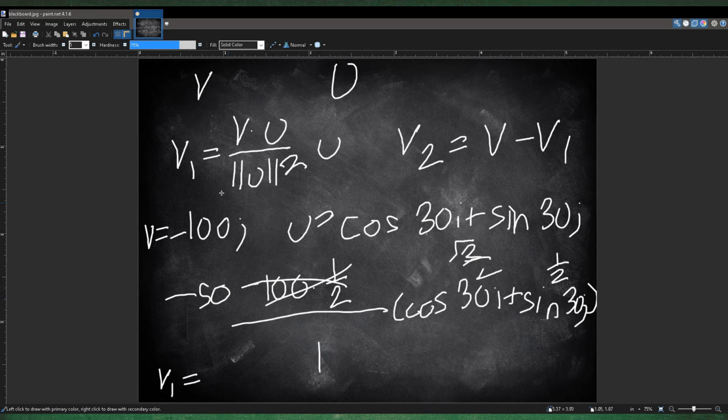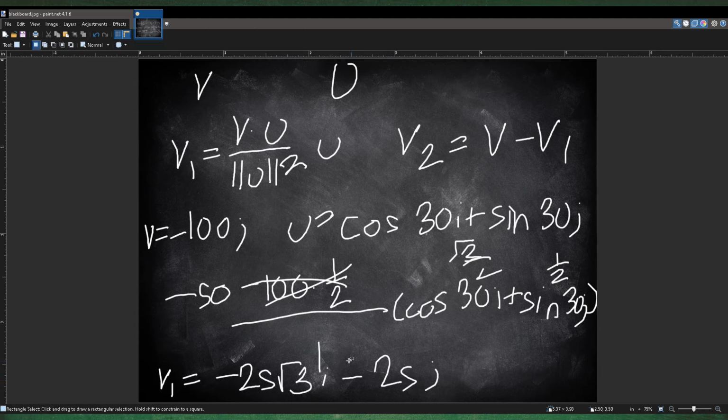So overall you get negative 25 square root 3 for the force for i, and then a negative 25 for j.